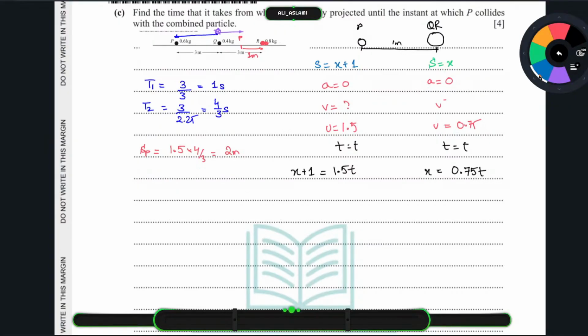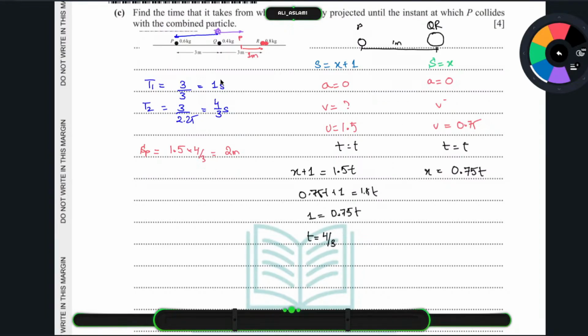If we equate both, 0.75t plus 1 is equal to 1.5t. So 1 is equal to 0.75t and t is equal to 4 by 3.